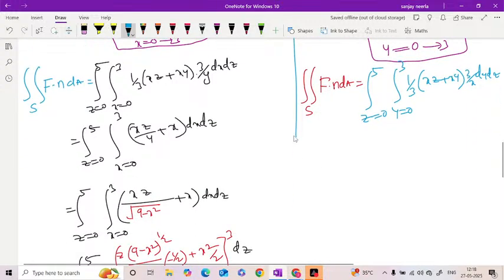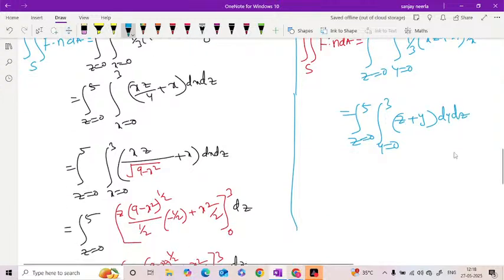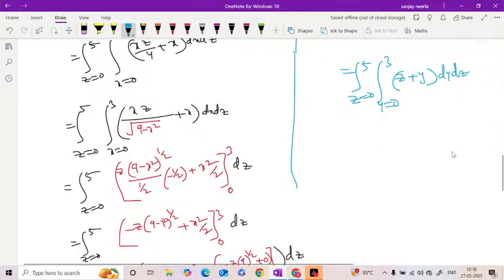So 3 will cancel, and x will cancel, and we get the integral of z from 0 to 5, y from 0 to 3, of z plus y, dy dz. Just do the normal integration and we'll get the direct result.